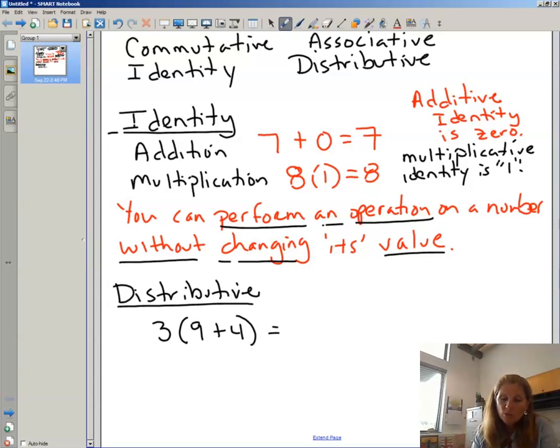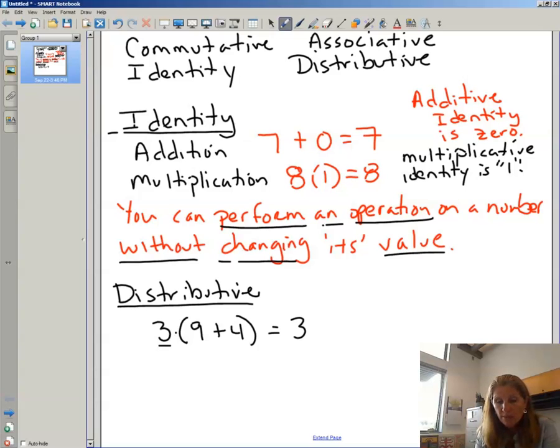What this says right now is that we're taking 3 and we're multiplying it. We don't have to show that dot, but I could. That means multiplying it times the sum inside. The sum is the addition problem, right? Well, that's true, but what the distributive property says is we can multiply each one of those things separately.